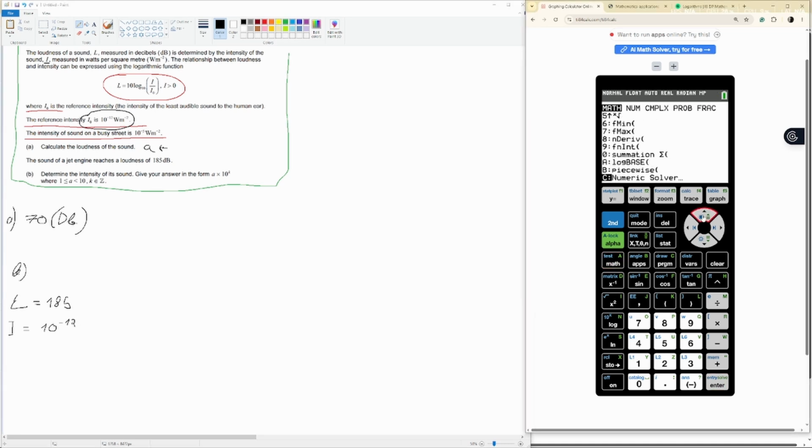You can always go to the numerical solver, and I always recommend using the numerical solver when you know that there is going to be one certain answer. In some cases, like quadratic functions or even cubic functions, there can be 3 or more answers to your question, so then I don't recommend this.